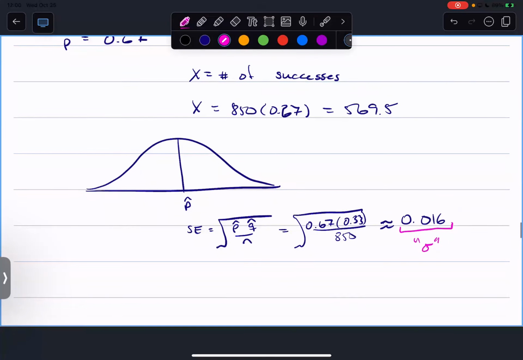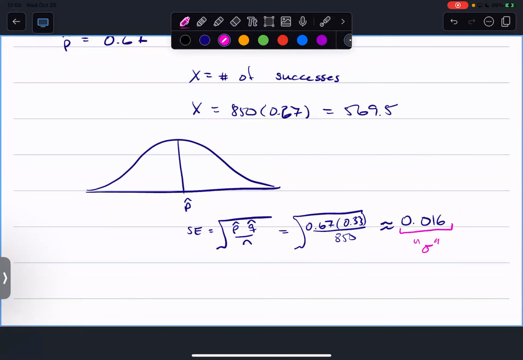Now, if I want to go from p hat, which was 0.67, and be 95% confident, then I'm going to stretch this out to cover 95% of the curve. At some point here and some point here, I'm going to have a lower bound and an upper bound of my interval. So how am I going to do that?